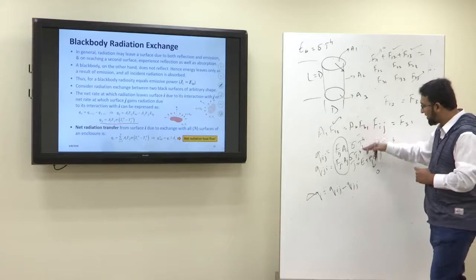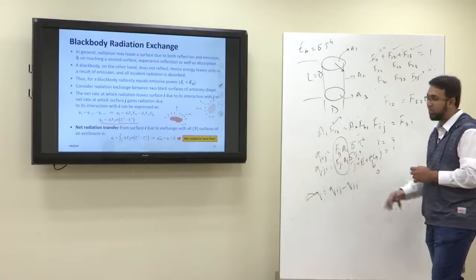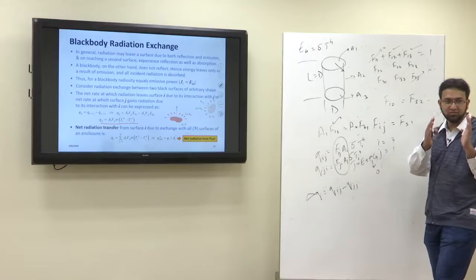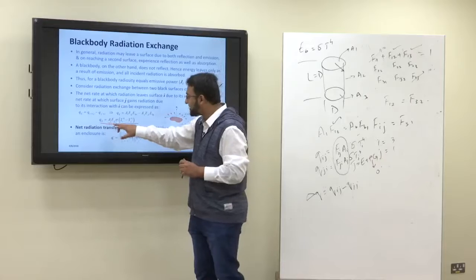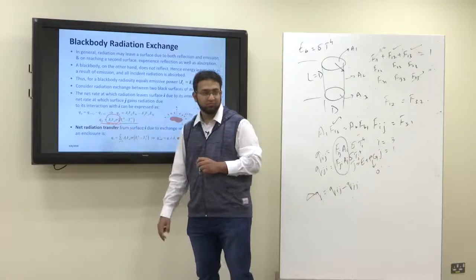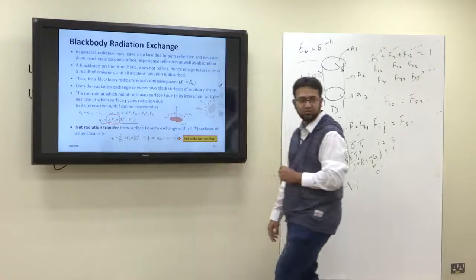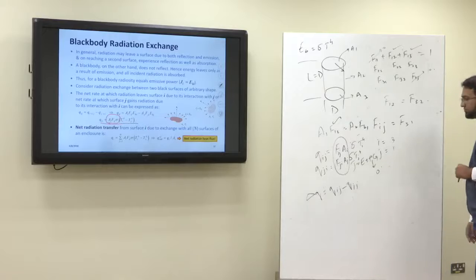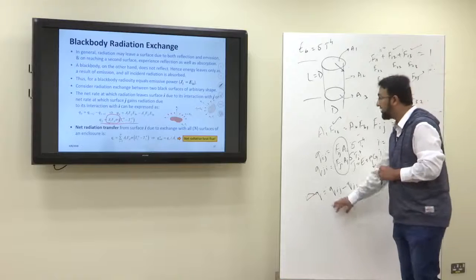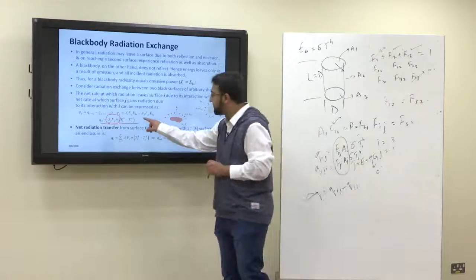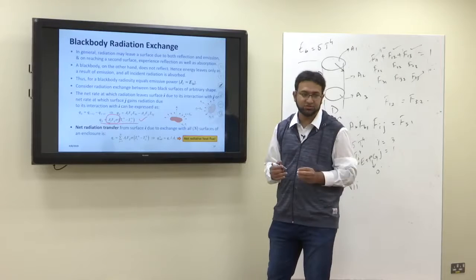If you do this minus this, where these two terms are the same, not cancelled, they can be taken as common because they are the same. So A I F I J sigma, these three things are common. Then it becomes Ti power 4 minus Tj power 4. Is it clear? So that will be my delta Q, and this becomes my formula for the radiation heat exchange between two black bodies.